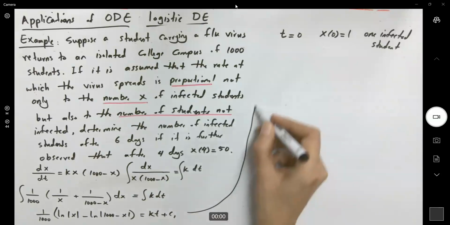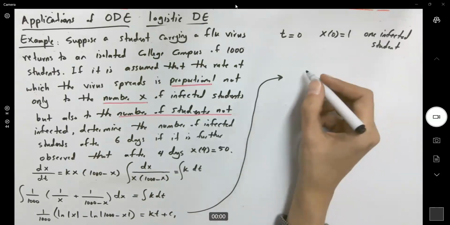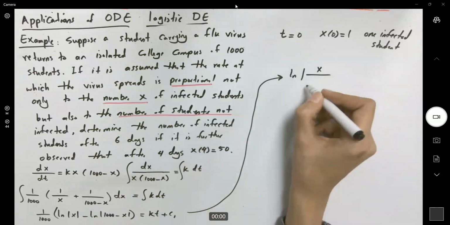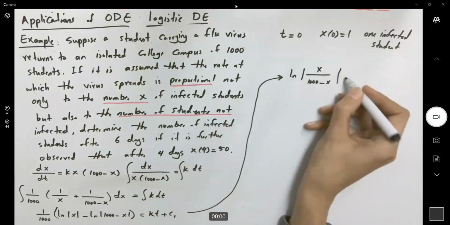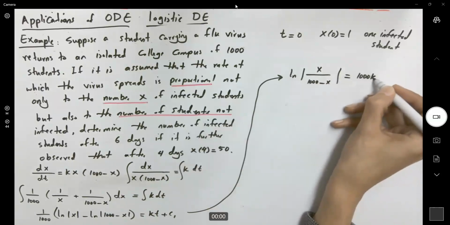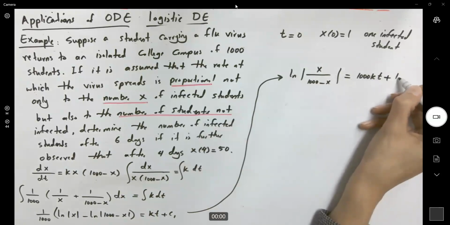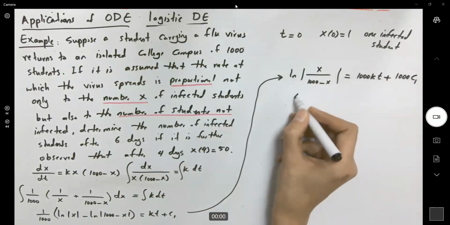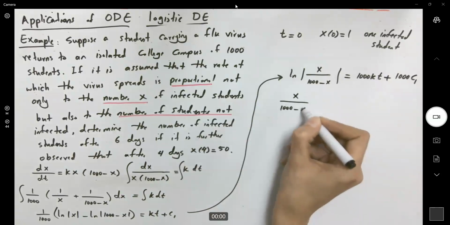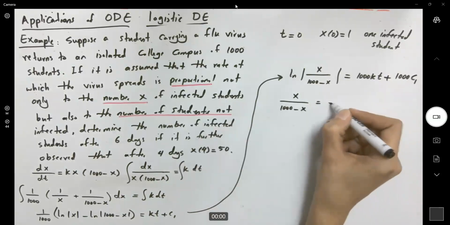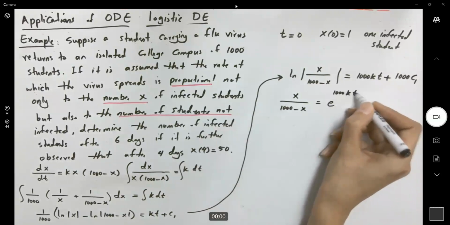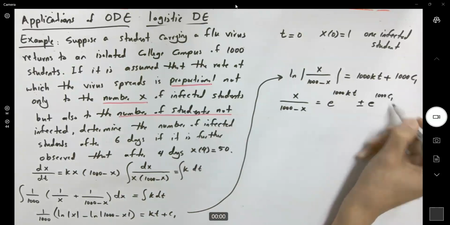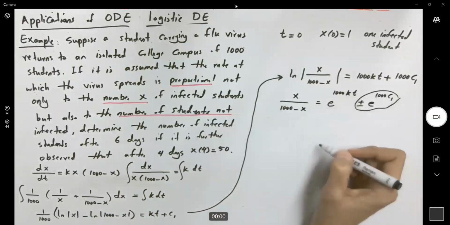Let's solve this differential equation. If you multiply everything by 1,000, you get ln of absolute value of x divided by 1,000 minus x equals 1,000kt plus 1,000 c sub 1, which you can call c sub 2. So x divided by 1,000 minus x is equal to e to the 1,000kt times plus or minus e to the 1,000 c sub 1. We can call this c.